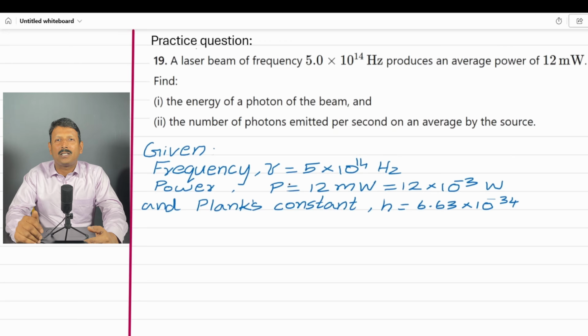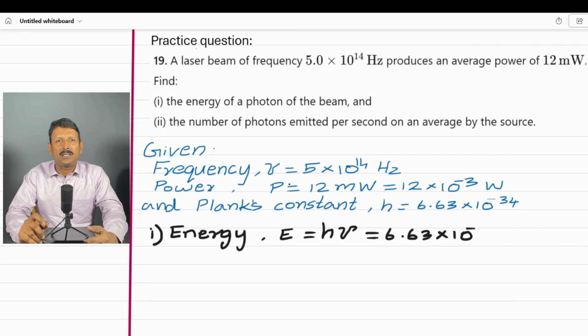So 12 into 10 raised to minus 3 watt. Planck's constant is 6.63 into 10 raised to minus 34. Now this is the time to substitute the values. For the first sub question, energy E is equal to h nu. So start substituting 6.63 into 10 raised to minus 34, the h value, into 5 into 10 raised to 14, that is the frequency value.